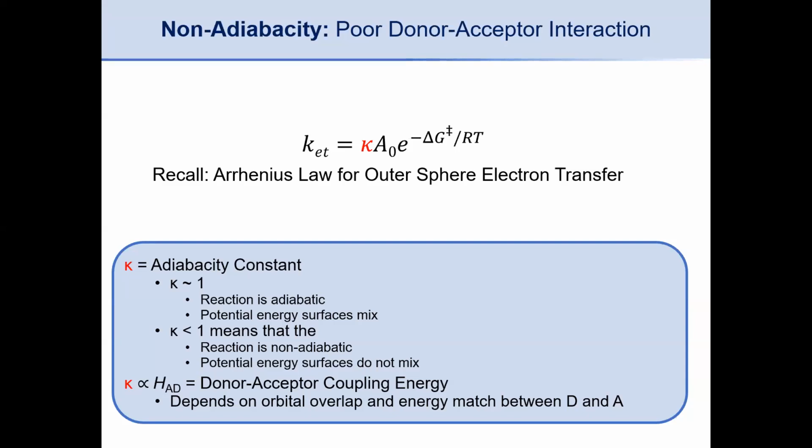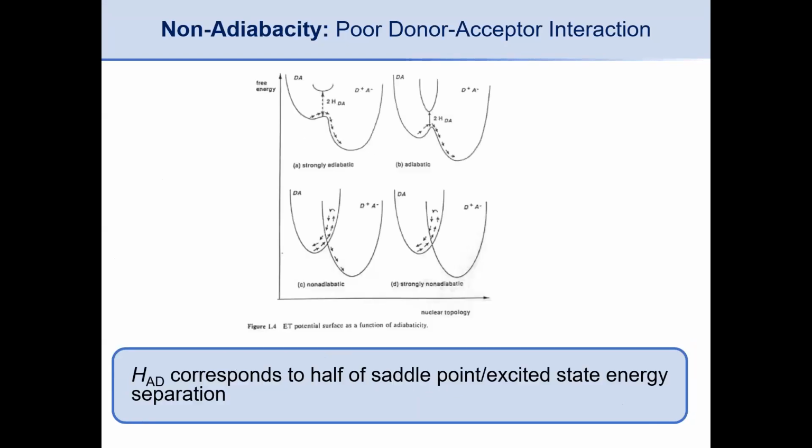And that's because when the donor and acceptor compounds approach each other, because the electron wave function is delocalized over the ligands, it's much easier for it to transfer from the donor to the acceptor, rather than in a case where it's really localized on the metal and has no real overlap with the acceptor orbitals. So what does that look like in terms of these potential energy plots that we've been drawing?